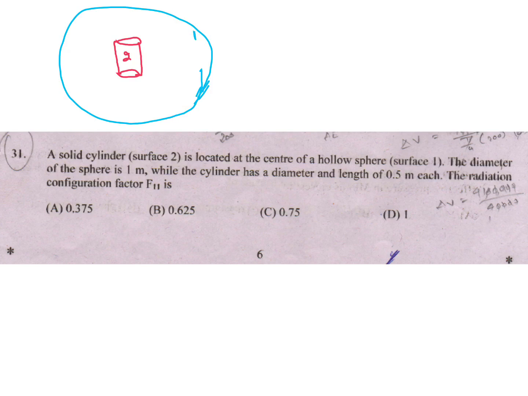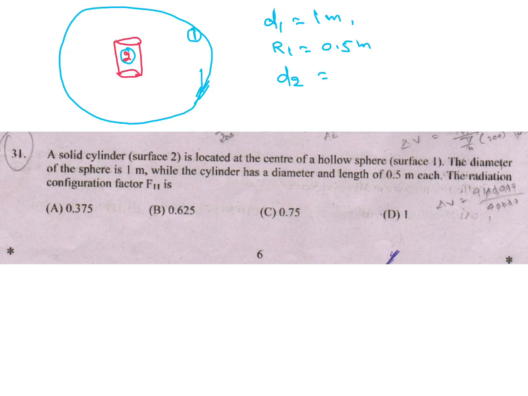This is surface 2, here hollow sphere surface 1. The diameter of the sphere D1 is 1 meter. Radius is 0.5 meter.